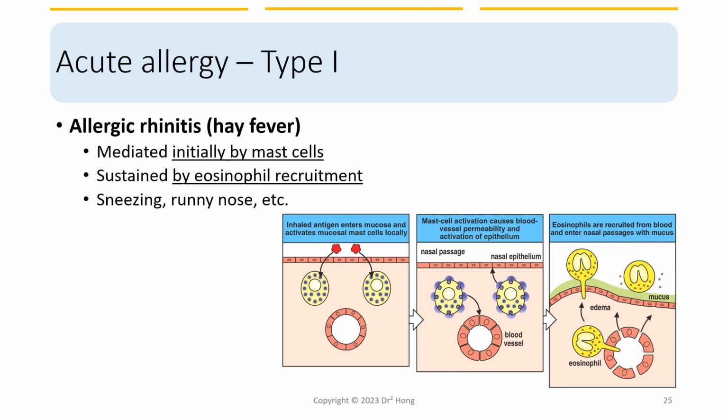Afterward, this reaction is sustained by eosinophil recruitment, and activated eosinophils are shed into the nasal passages. These symptoms, such as sneezing and runny nose, are usually mild and self-limiting, with usually no long-lasting tissue damage.